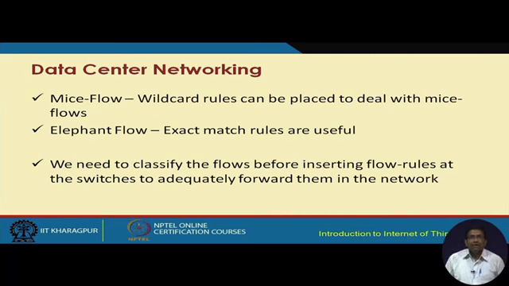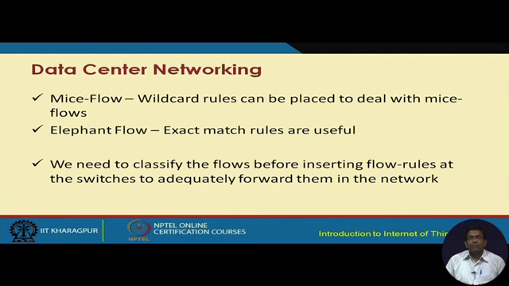Another very important thing that we have to remember in this context is data center networking. There are two types of flows that occur in data center networks. Here we are talking about implementation of data center networks with the help of SDN. Typically, there are two different solutions for adoption of SDN in data center networks.